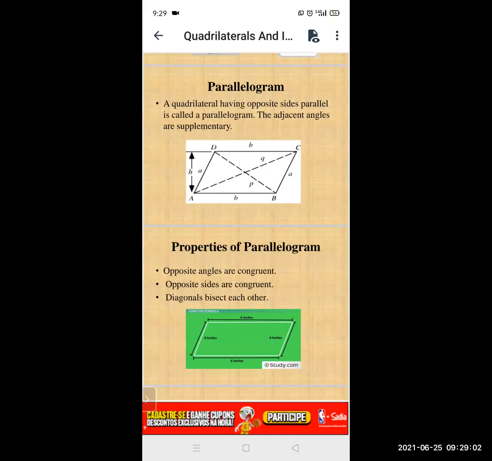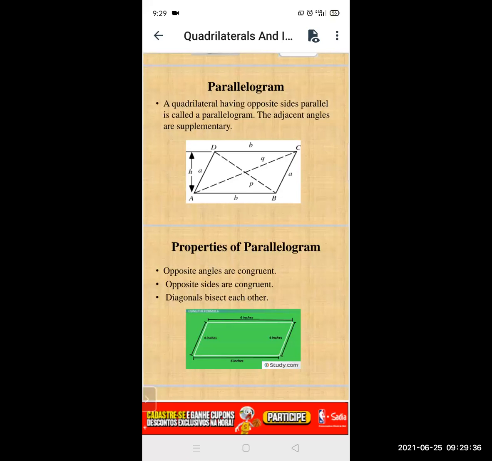The second property is that opposite sides are congruent. I have told you right now that if in this kind of quadrilateral opposite sides are parallel and congruent, then it is called a parallelogram. So by using the properties, we have to identify what type of quadrilateral is given to us. And the third is that diagonals bisect each other, which means they divide the parallelogram into two equal parts.